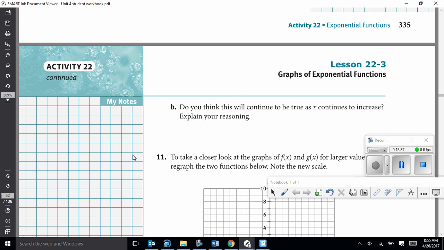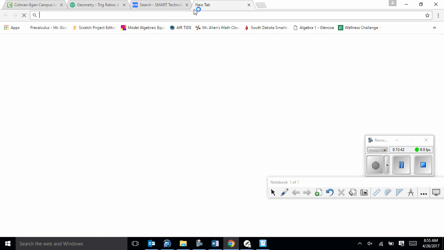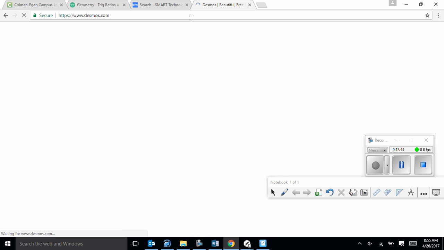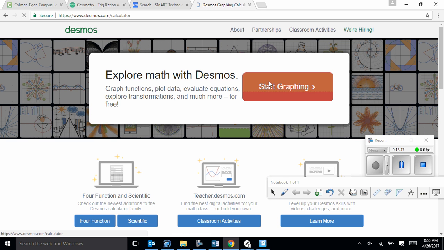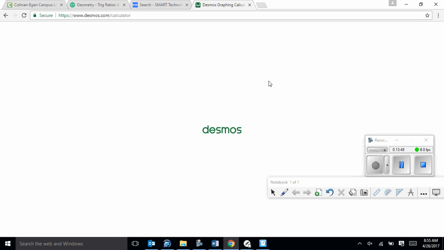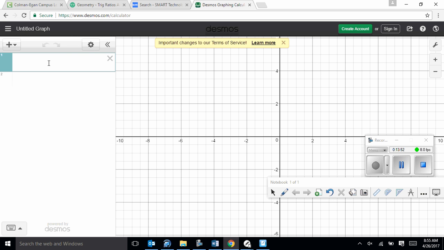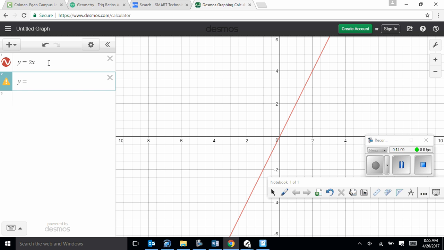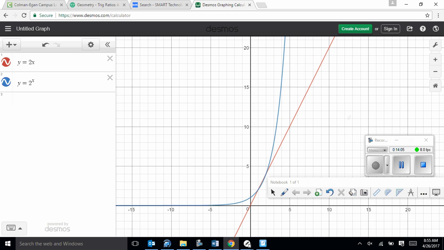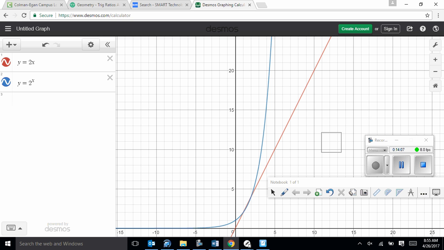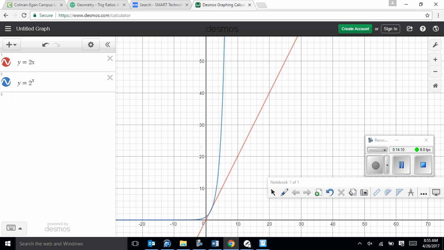And if I go to Desmos and graph them, so we had y equals 2x and y equals 2 to the x. So looking at this, do you think those lines will ever cross again? No, I can keep zooming out.